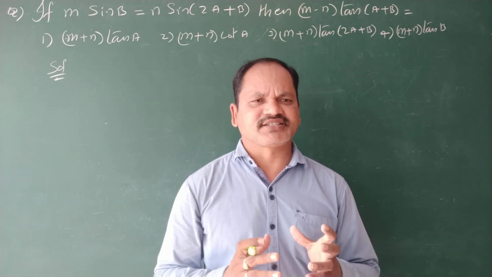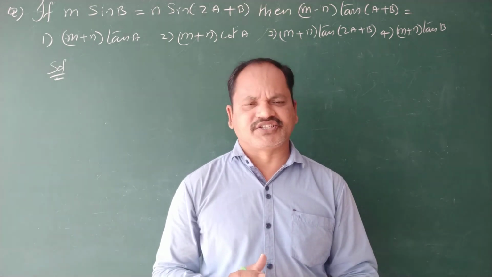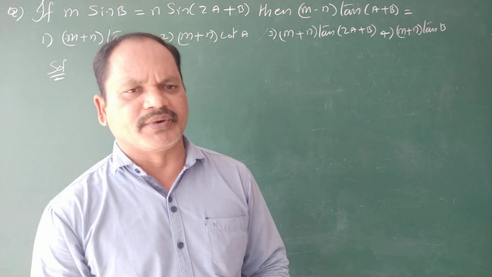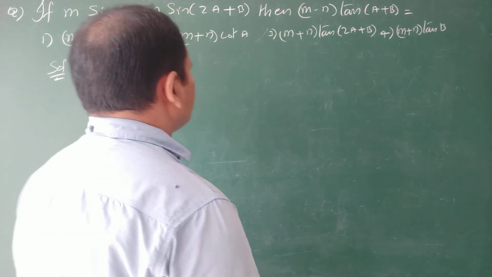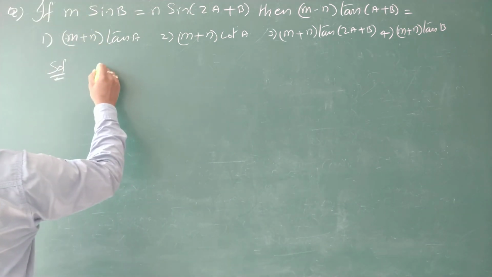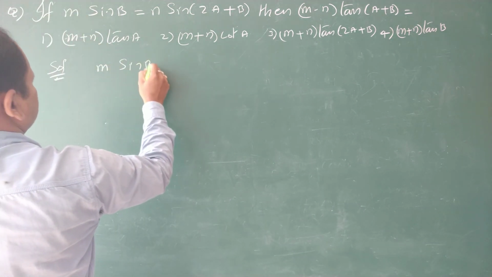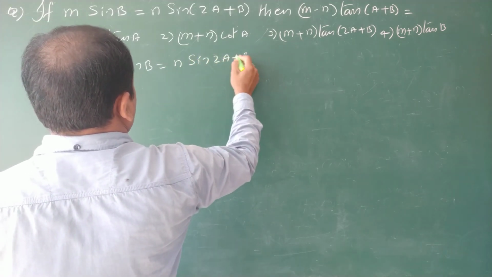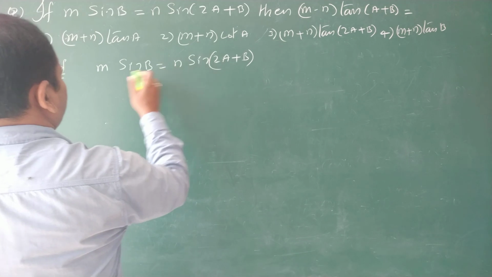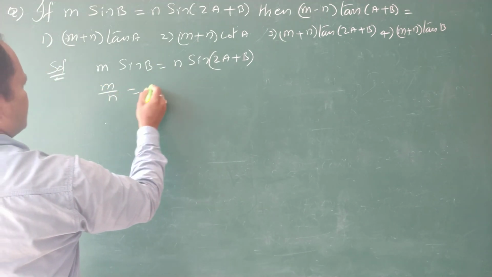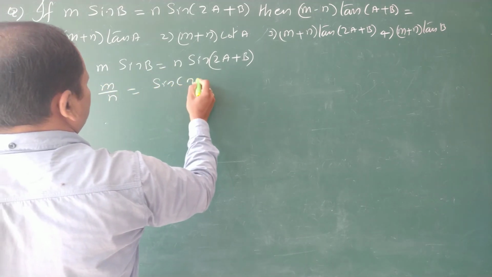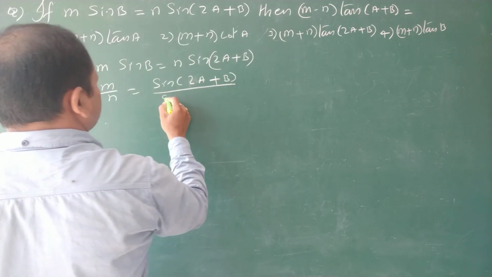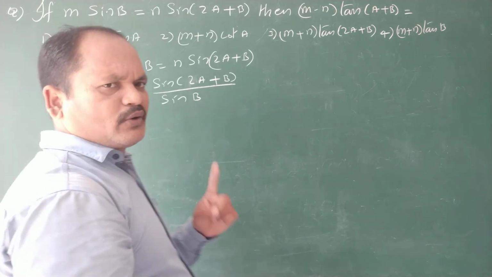So once revised the formula, if x by y is equal to a by b, then (x plus y) by (x minus y) is equal to (a plus b) by (a minus b). So first take the relation, that is m sin b is equal to n sin(2a plus b). Now from this, m by n is equal to sin(2a plus b) by sin b. Now we have to apply the formula.